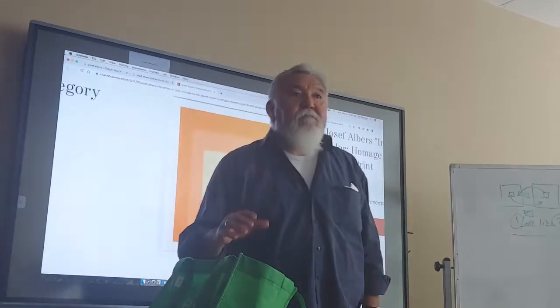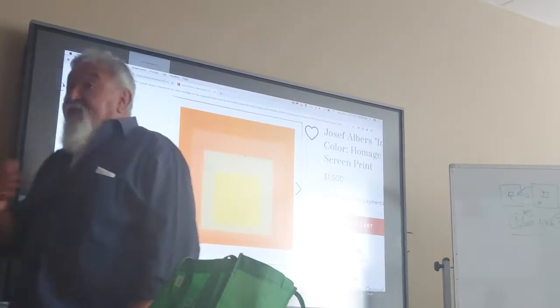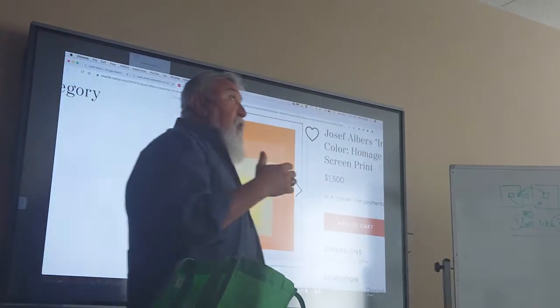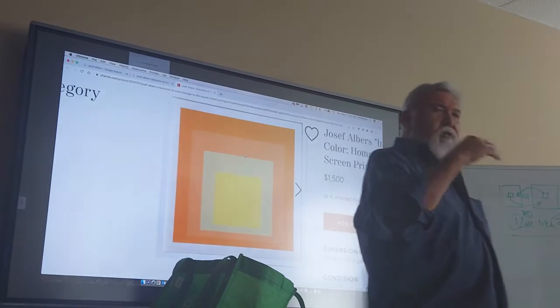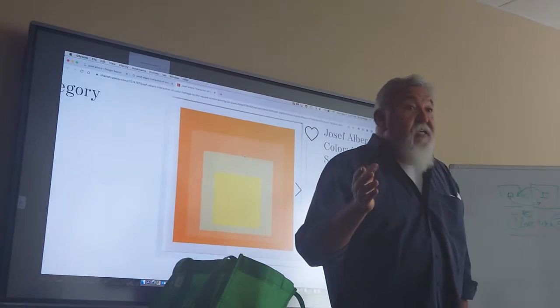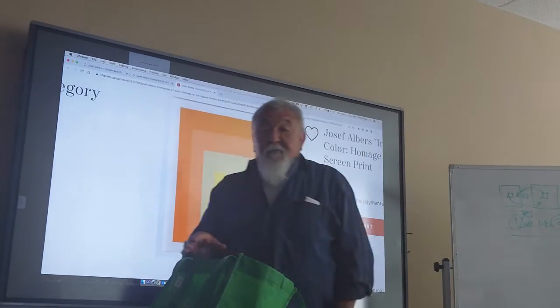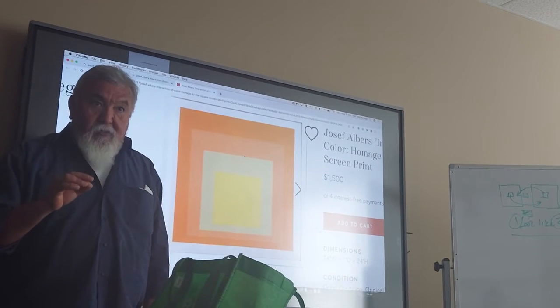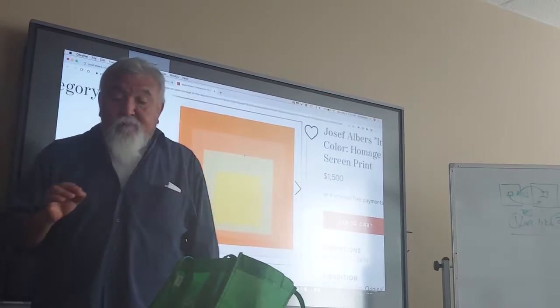Are you kidding me? Give me a break. But that's all he pretty much painted, were squares on squares. And so on a superficial level, you could look at his work and go like, this is ridiculous. But on a different level, you could see how intensive he was in looking and teaching color.